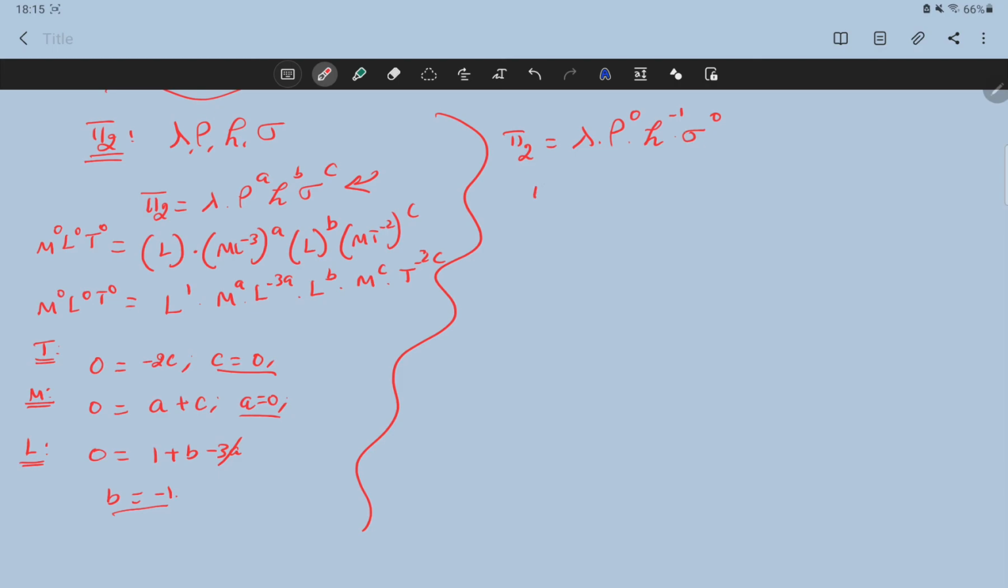So pi 2 is nothing but 1 by h, that is, lambda divided by h.